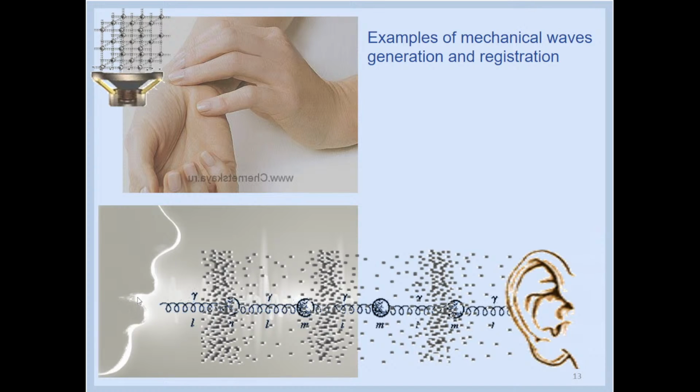This vocal cord is the vibrating system, and this system disturbs the air in the throat, and after that this disturbance, these vibrations, go through the air and reach the ear of the listener.